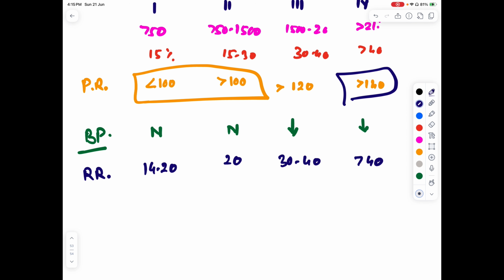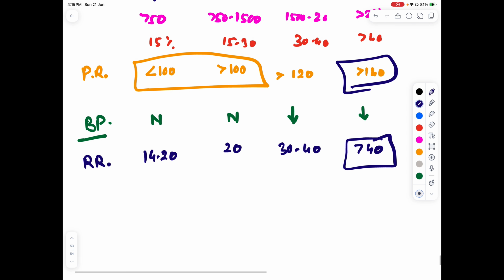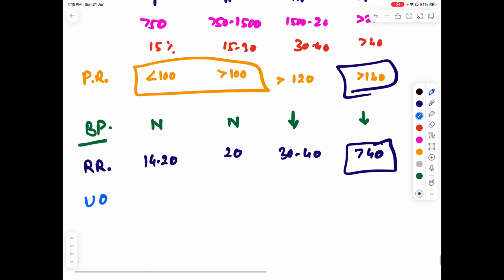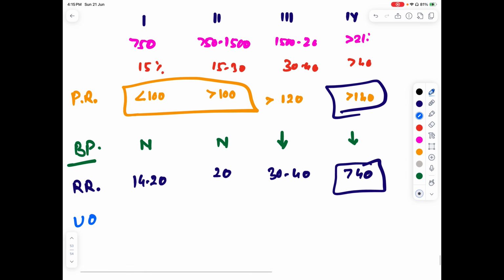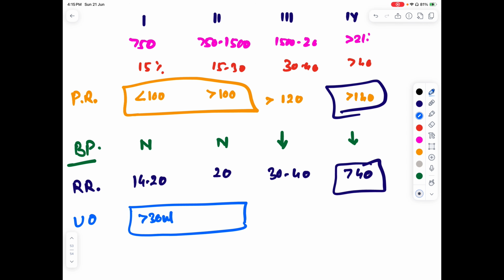So pulse rate more than 140, respiratory rate more than 40 or 30. Again, a very important finding is urine output. There will not be much difference in 1 and 2, it is more than 30 ml. Then it is 20 to 30 ml, it goes down to 5 to 15 ml, and less than 5 ml per hour. This is important.